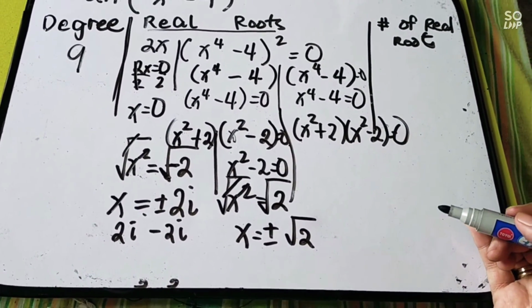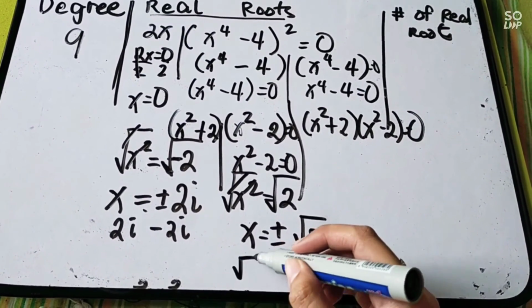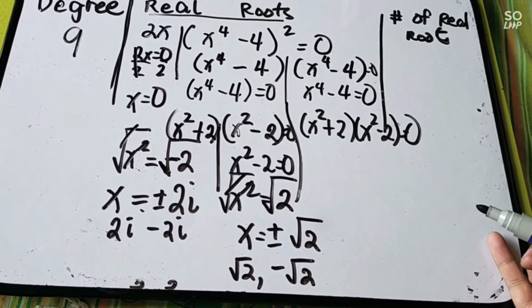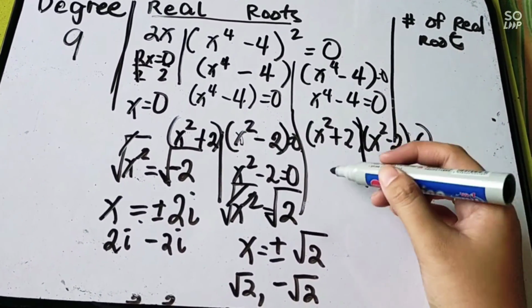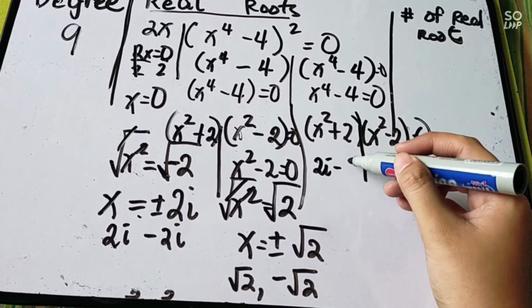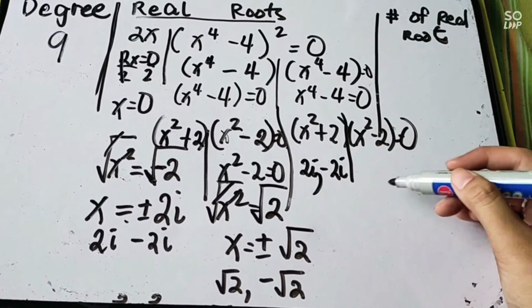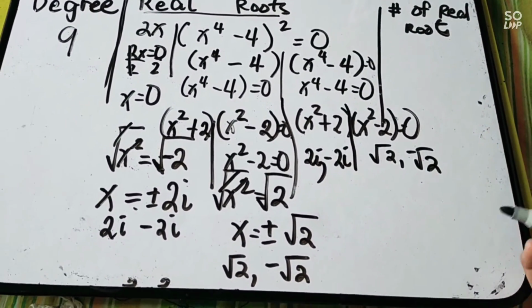Pag kumukuha ka ng square root, laging positive and negative. So, meaning, isang square root of 2 at saka isang negative square root of 2. Is it clear? Since parehas to, so dito makakakuha ka rin ng 2i at saka negative 2i. Tapos dito, makakakuha dito ng square root of 2 and negative square root of 2.